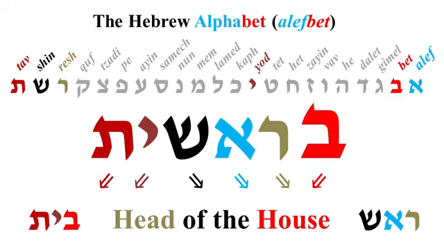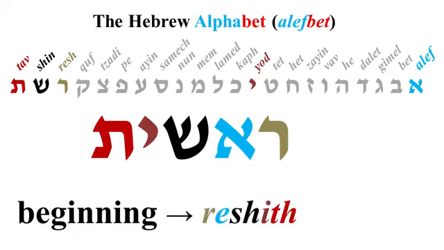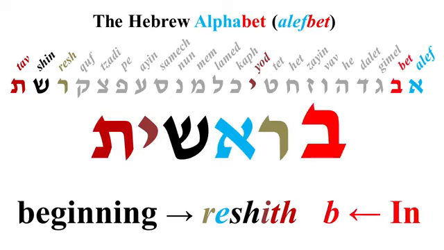And the first word in the Torah that begins with a resh would be reshit, which is Bereshit minus the bet in front. Remember, this bet that's in front is a prefix, which means in, and then the word reshit means beginning or first fruits.